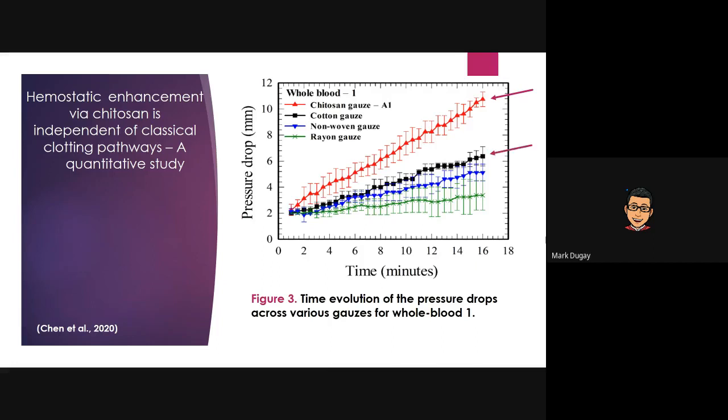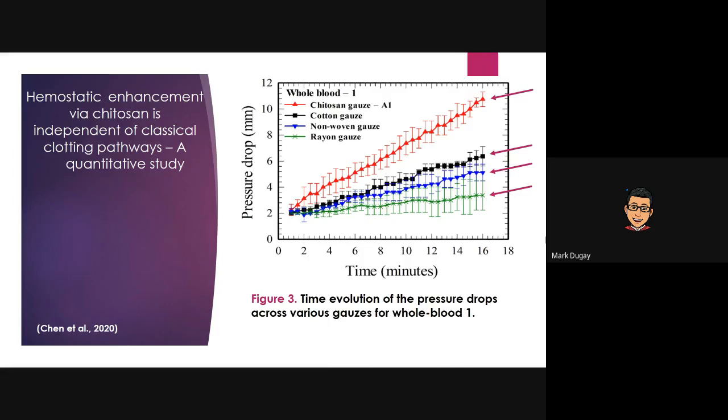The cotton gauze is from 2 millimeters to 6.38 millimeters. The non-woven gauze is from 2 millimeters to 5.13 millimeters, and the Rayon gauze is from 2 millimeters to 3.38 millimeters.